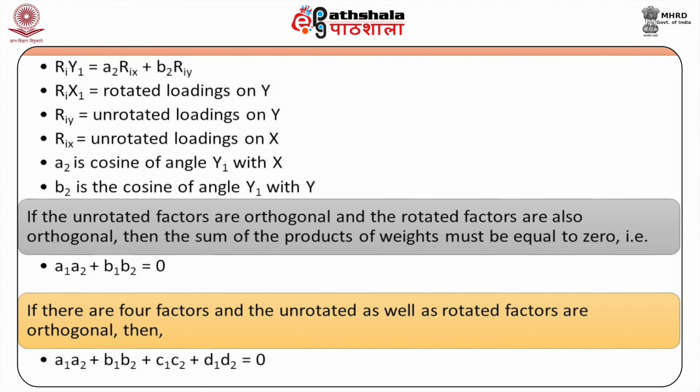If there are four factors and the unrotated as well as rotated factors are orthogonal, then A1 A2 plus B1 B2 plus C1 C2 plus D1 D2 is equal to 0. If the above condition is not true, that is A1 A2 plus B1 B2 is not equal to 0, then x1 and y1 are not orthogonal, that is the correlation between two factors is different than 0.